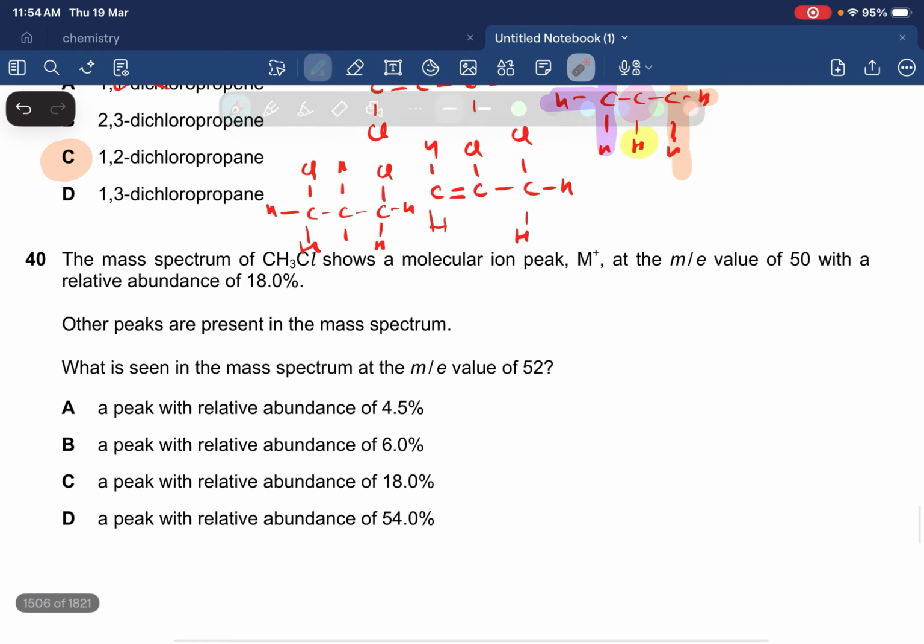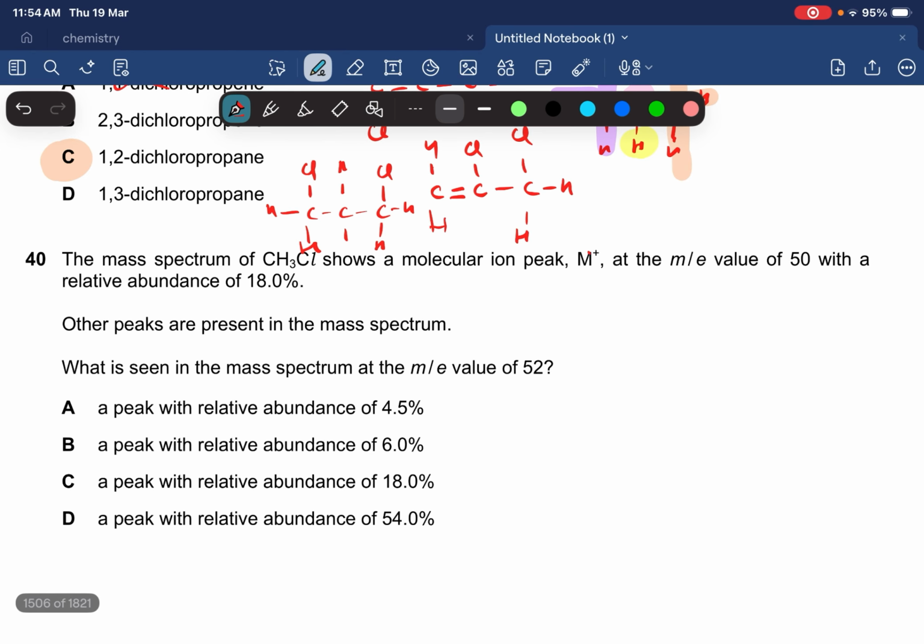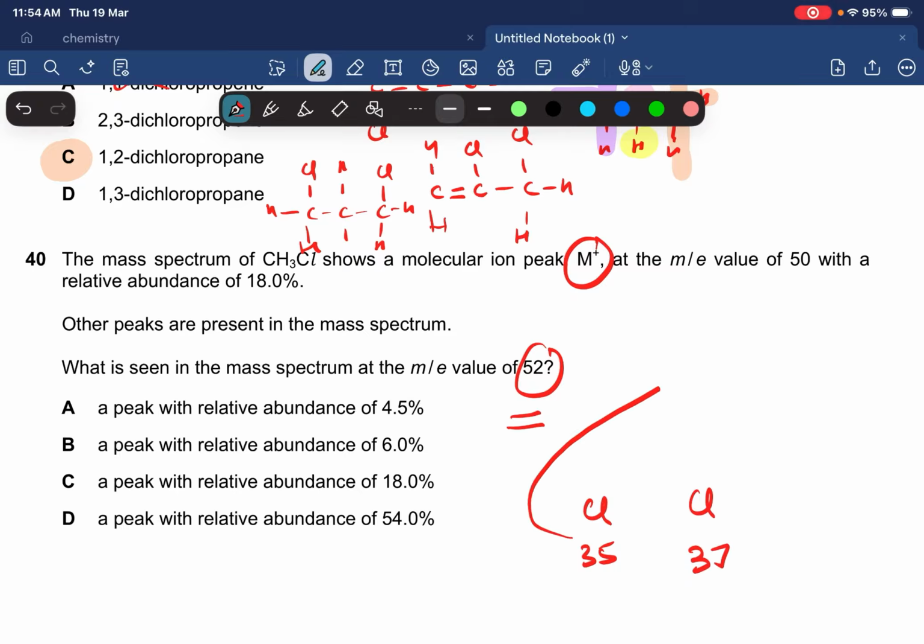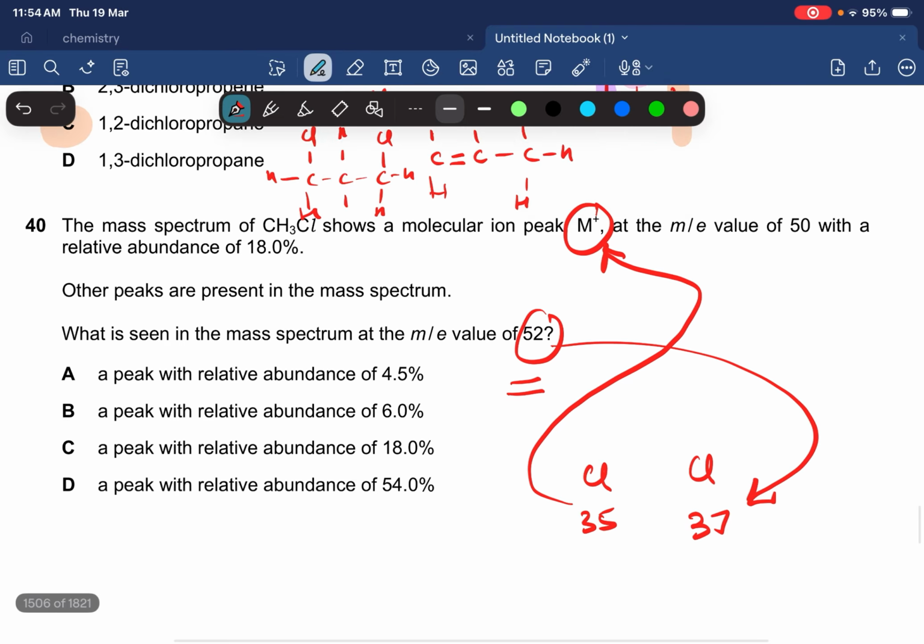This is an M peak, and this is an M plus 2 peak because it's occurring at 52. Chlorine has a 35 isotope and a 37 isotope. The M peak is because of the chlorine 35 isotope, and the 52 peak is because of the chlorine 37 isotope.